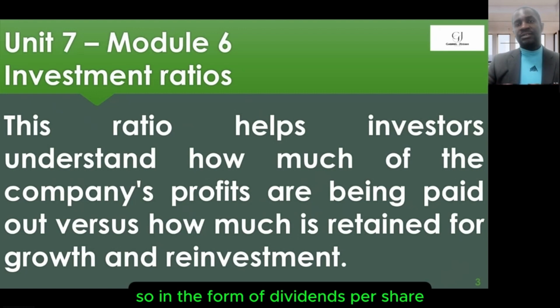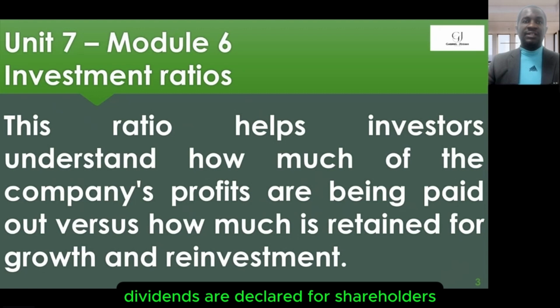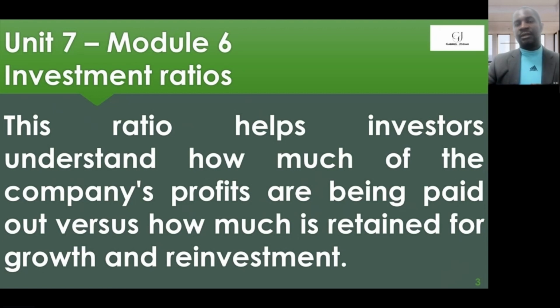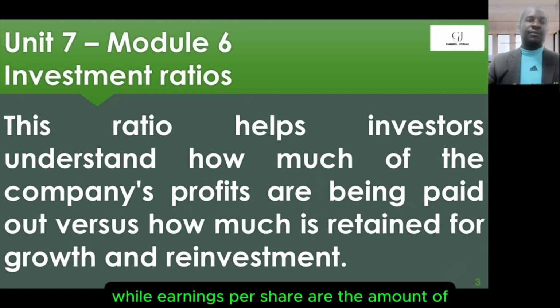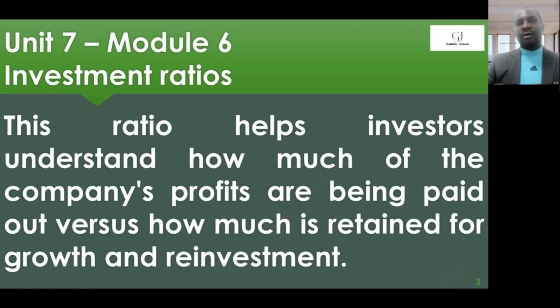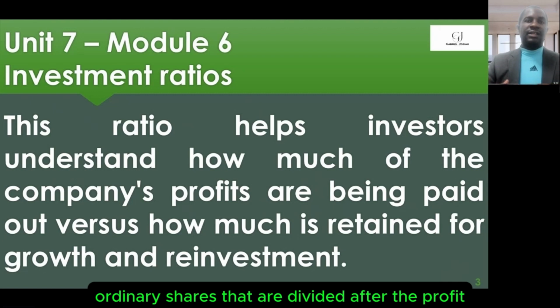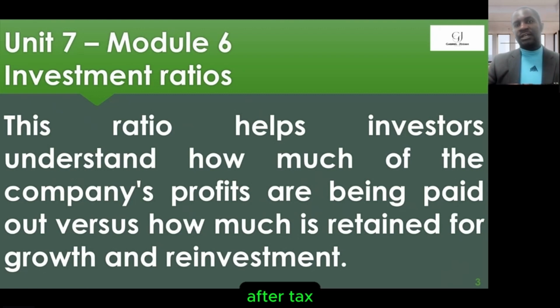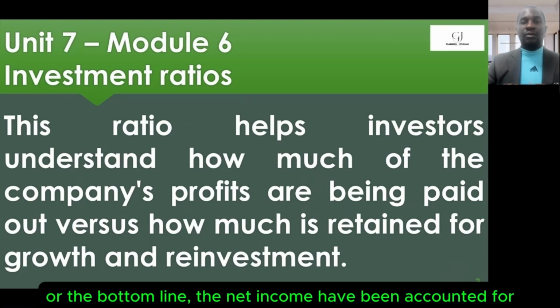So dividends per share are the dividends declared for shareholders, while earnings per share are the amount of earnings attributable to ordinary shares after the profit after tax, or the bottom line, the net income, has been accounted for.